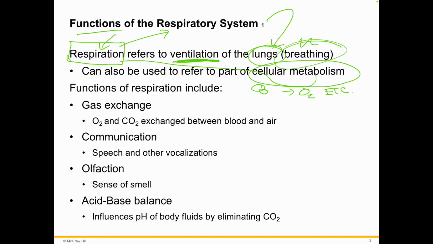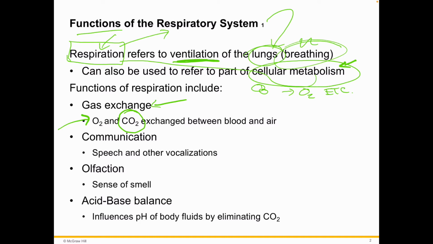Okay, so the functions include what we call the gas exchange. Also part of cellular metabolism oftentimes is the breaking down of glucose. And that means we're going to be breaking apart some carbon chains, and so we're also going to need to get rid of some carbon dioxide, right? Which is one of those byproducts of getting that energy out of sugars, okay?